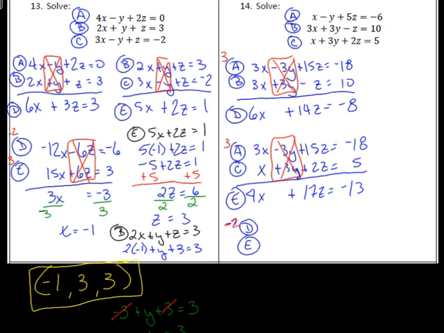E, I'm going to multiply it by a positive 3. So for D, I get negative 12x minus 28z is equal to a positive 16. For E, I'm going to get a positive 12x plus 51z is equal to a negative 13.